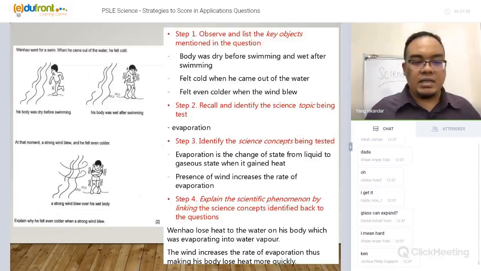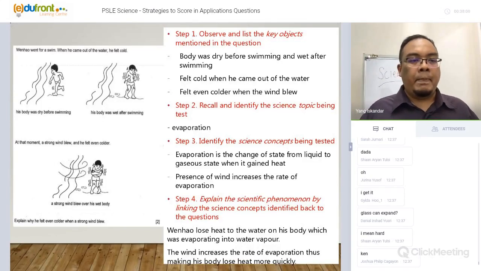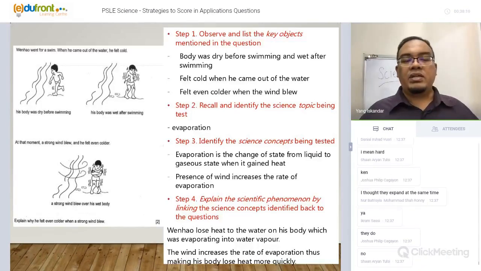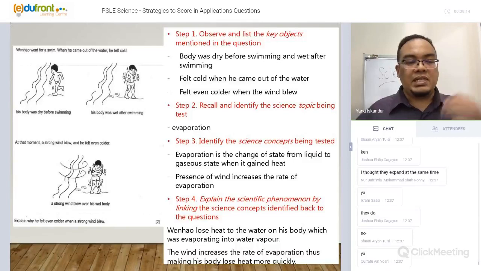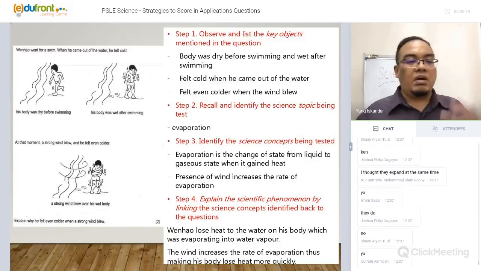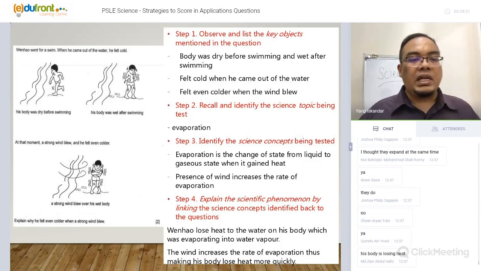Now let's take a look at this question. Wen Hao went for a swim. When he came out of the water, he felt cold. All of you have been for a swim, right? Either in the swimming pool or in the sea. When we come out from the swimming pool, we shiver, right? We feel cold. This is exactly how Wen Hao felt when he came out from the water.